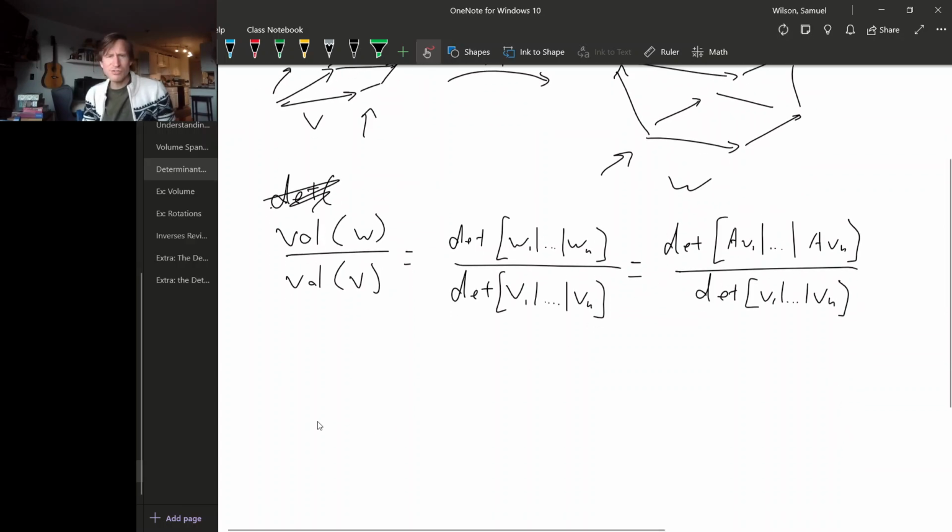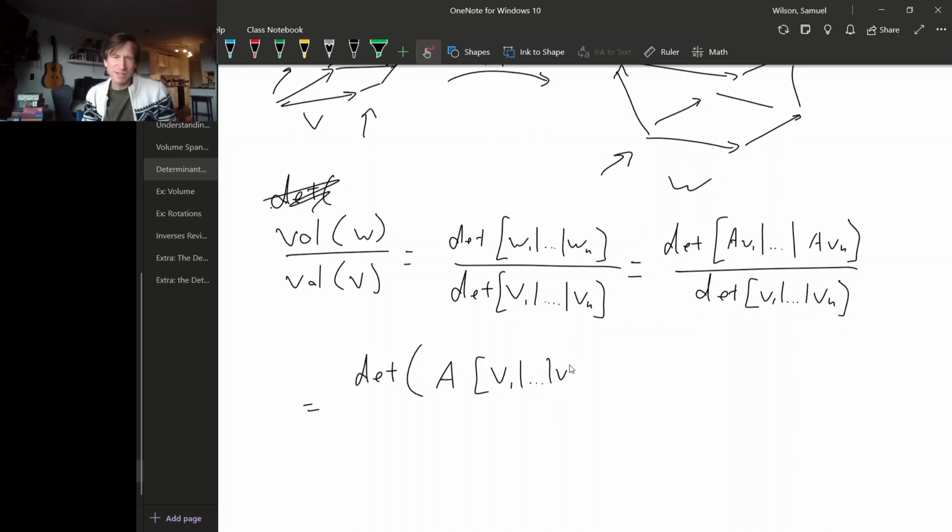But if you look at this numerator, this is actually just the matrix A times the matrix built out of the V's, like this. And in the denominator, of course, we still have the determinant of the matrix built out of the V's.